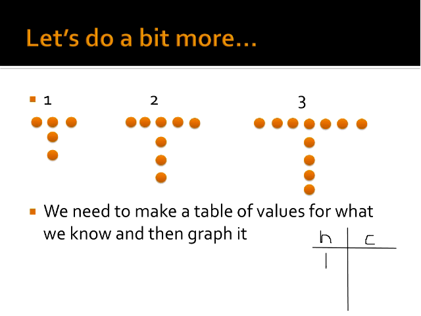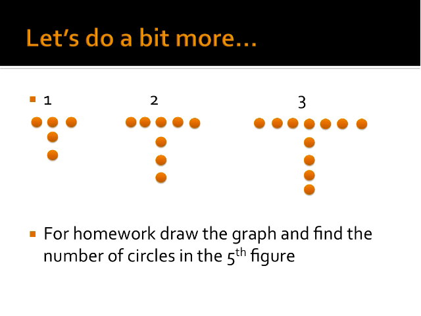Okay? So we're going to make a table of values for what we know, and then we're going to graph it. So if you're looking at this picture here, I'm going to go to the next page. And it's still there. So what I want you to do, you've got the 3 pictures, and there's a certain number of dots in each picture. So what I want you to do for homework, I want you to draw the graph, and then I want you to find the number of circles in the 5th figure.